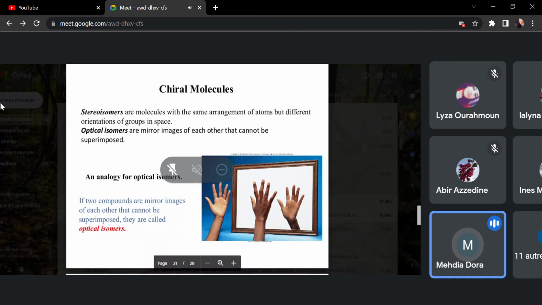That means chiral molecules, and this is optical isomerism. Chiral comes from Greek and means hand. In optical isomerism, you have two compounds that are mirror images of each other and cannot be superimposed. It means when you put your hand on the mirror image, it's not yours.